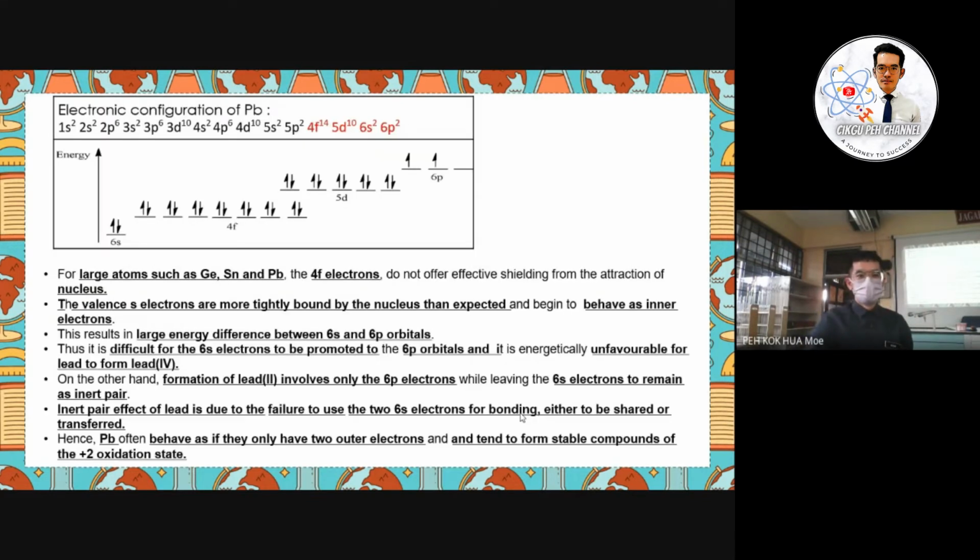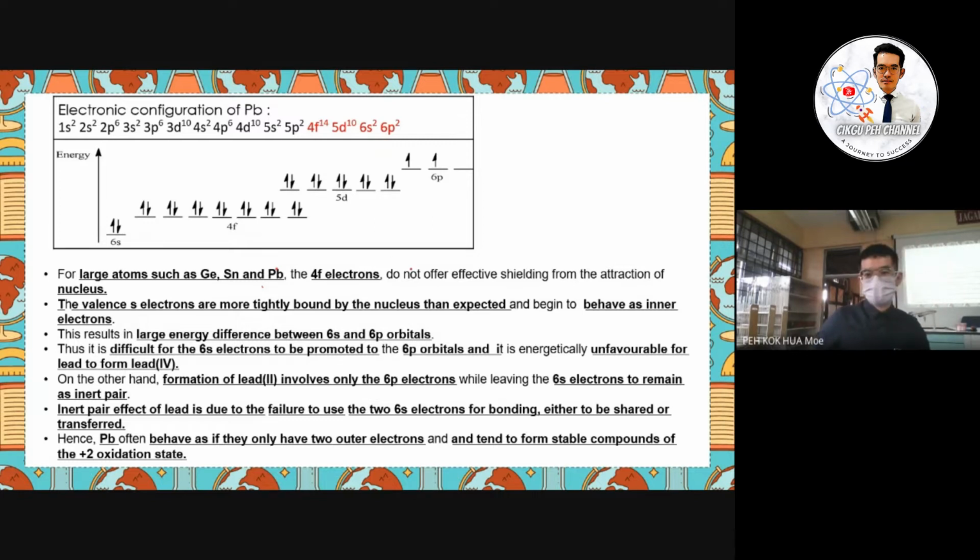While for the large atoms, for example germanium, tin and lead, we actually discuss more about lead. You can see from the figure that lead has additional d and f orbitals, so they have many electrons in their inner shell.